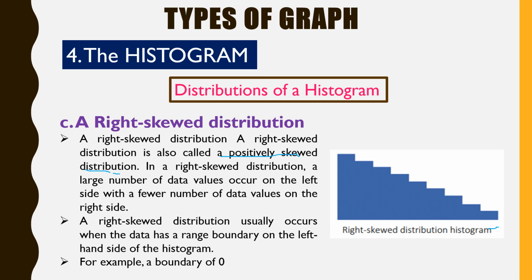So it means that most of the respondents or most of the data falls under the range on the left side. That's why it's called a right skew distribution. A right skew distribution usually occurs when the data has a range boundary on the left-hand side of the histogram. For example, a boundary of 0.